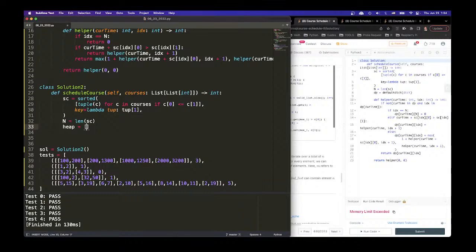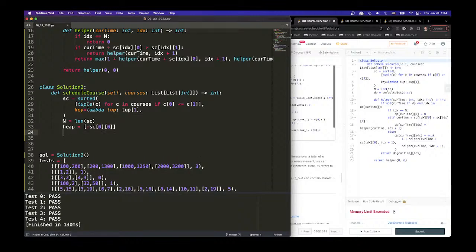We want a max heap. I only need the minus SC0, 0, that's it, that's all I need.